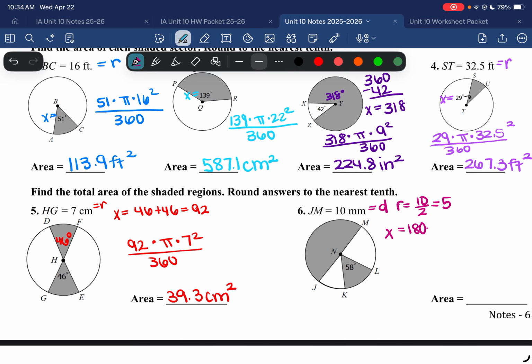So x is 180 plus the 58, which is 238 degrees. Then for calculating the sector area of that shaded region, we do 238 times pi times 5 squared divided by 360. So I end up getting 51.9 millimeters squared as that shaded region area.